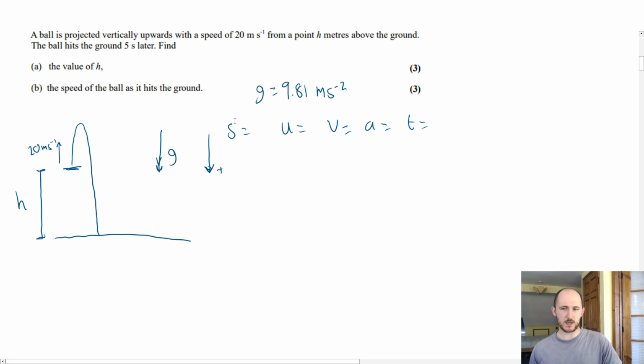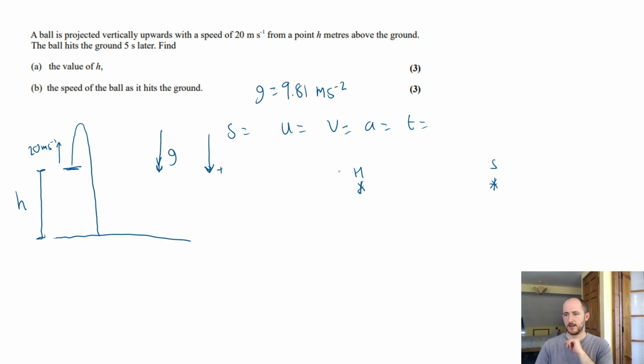So first of all, what is S? What is the displacement? Now here's where people get confused. Displacement is the actual distance from the starting point that you've travelled. So let's say, for example, this is my home and this is school. I'm going to say that distance is 100 meters.